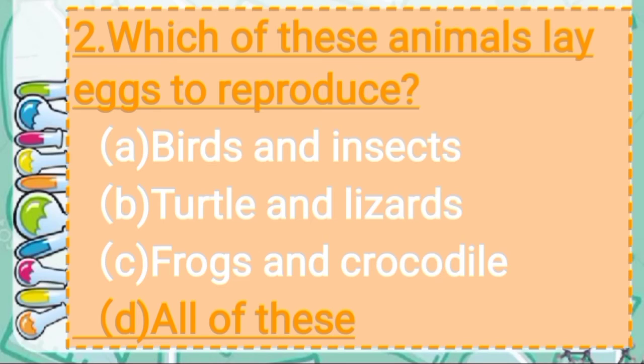Which of these animals lay eggs to reproduce? Answer is all of these, means birds, insects, turtles, lizards, frogs, and crocodile. All animals lay eggs to reproduce.